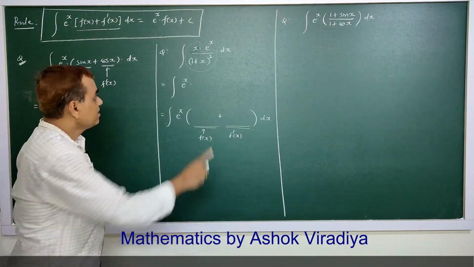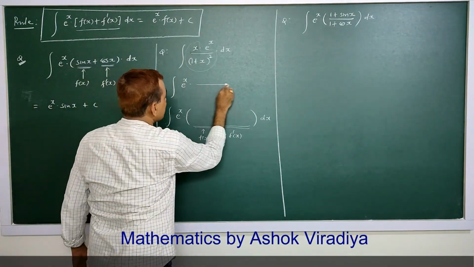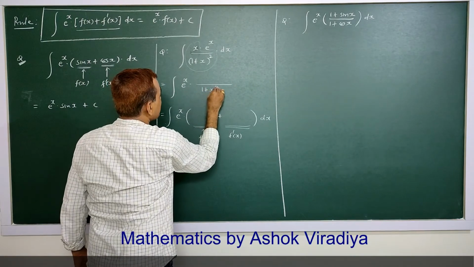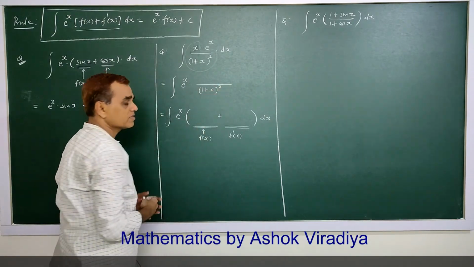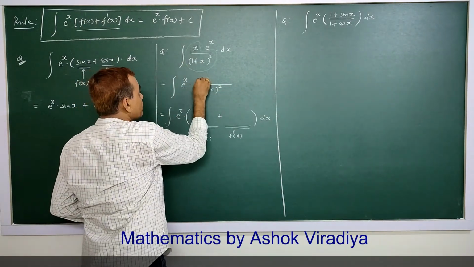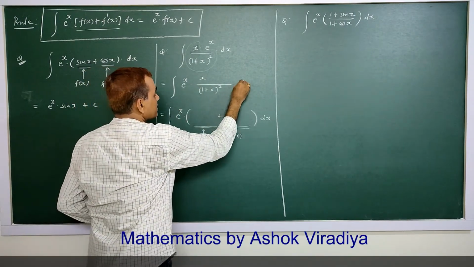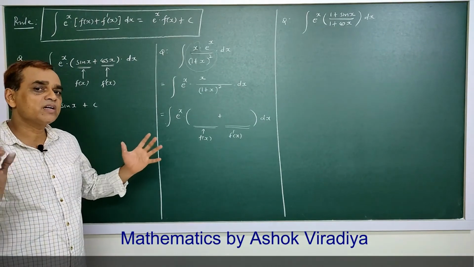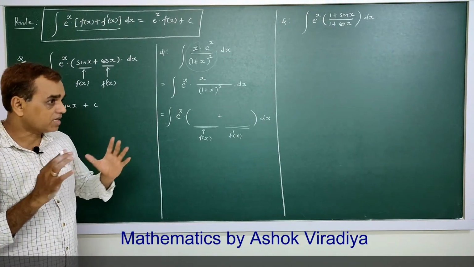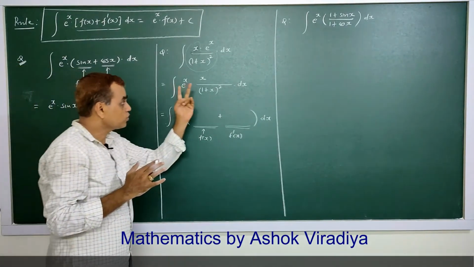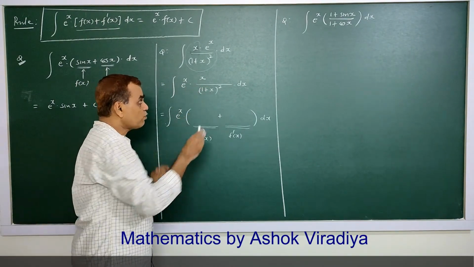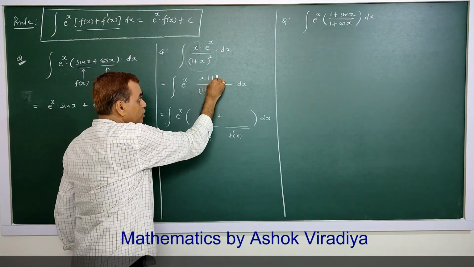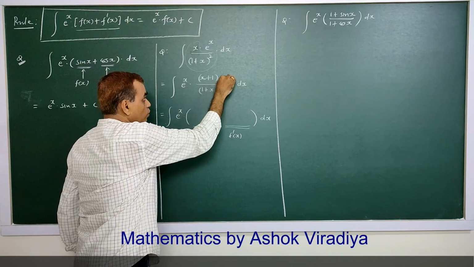So for that, see what we do here, this is (1 plus x) whole square. Now here x is given, dx is given. I have done nothing but split this up in two parts. What I do here: add plus 1, subtract 1.